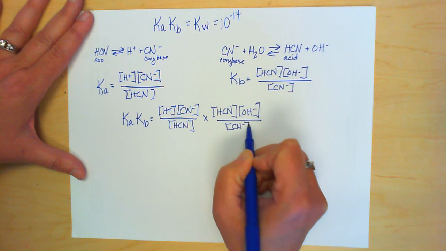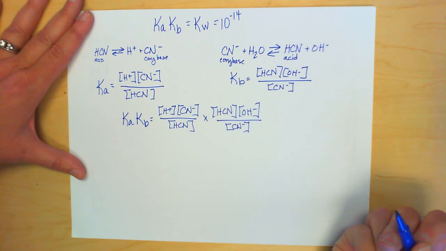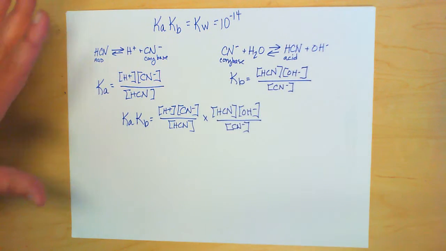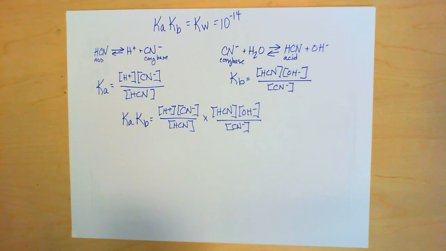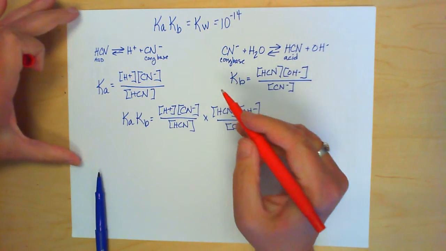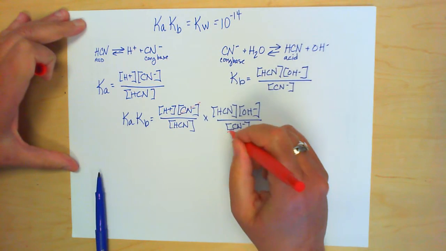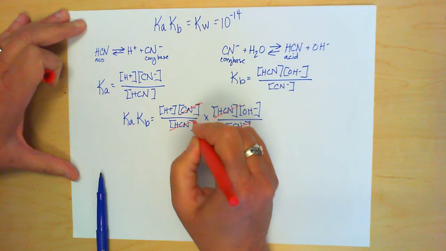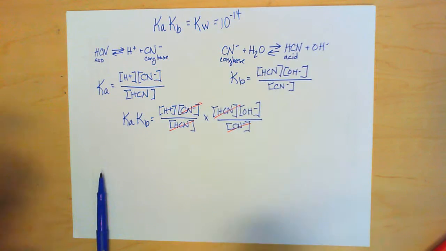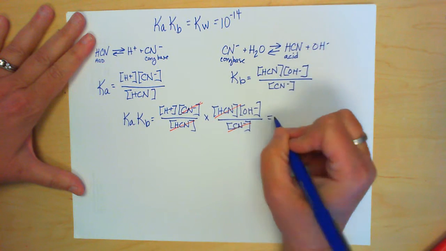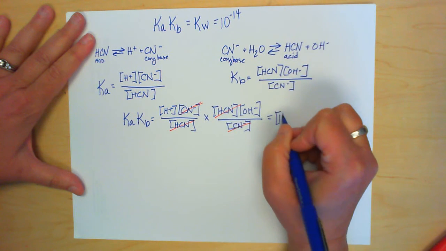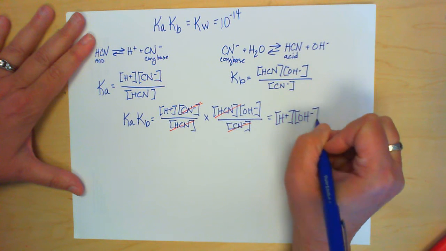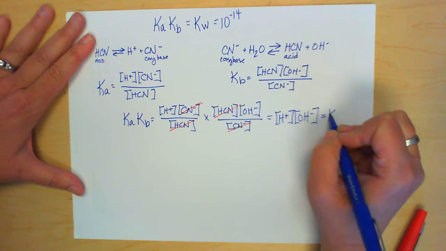over CN minus. Now, this is simply a mathematics problem, so we cancel what we can. For simplicity's sake, I'm going to cancel CN minus with CN minus. HCN cancels with HCN. So what we're left with is H plus times OH minus, which we know is Kw.